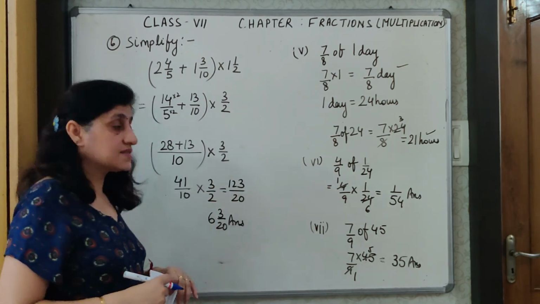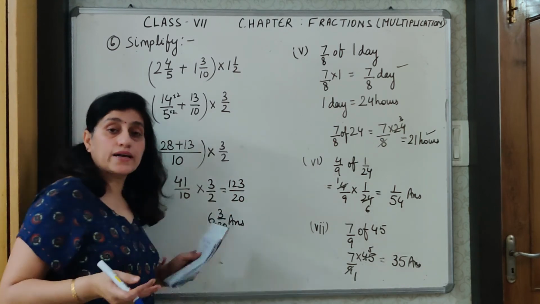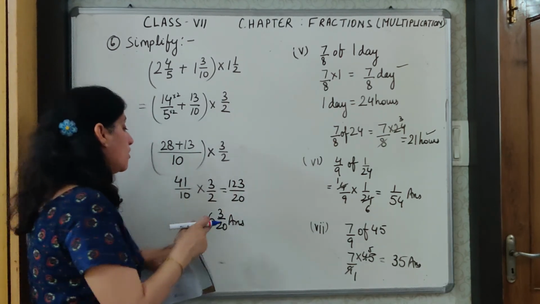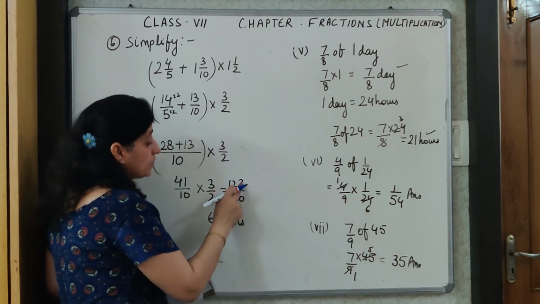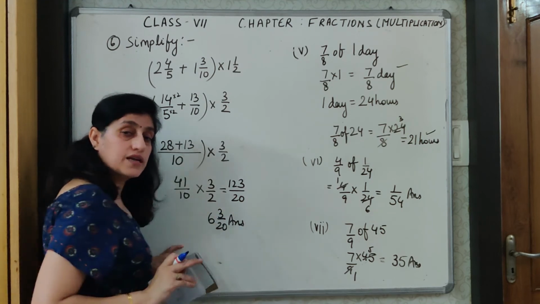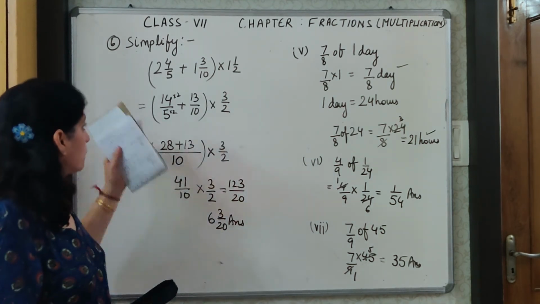Because I have practice, I am able to do it orally. The more you practice, the more answers will come to you. See how I did it? 20 into 6 is 120, and 3 will be left as the remainder, like this. So the more you practice, orally things will come to you.